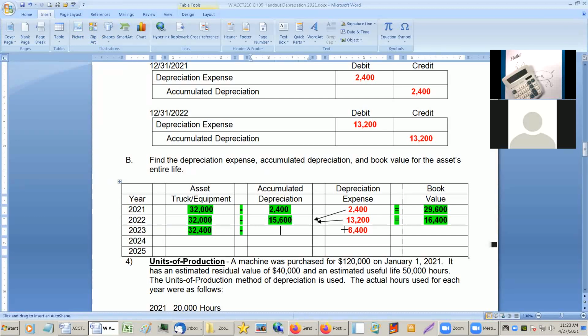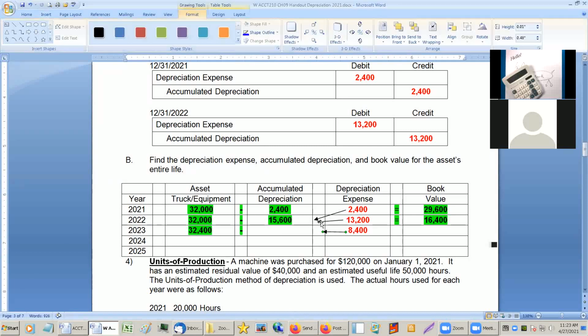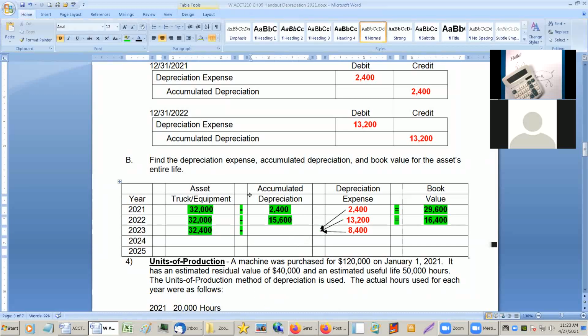But the idea is all the depreciation expense together. Well, that sure looks confusing. All right, so 15,600 plus 8,400. And that 24,000 should look familiar. That is the depreciable amount.